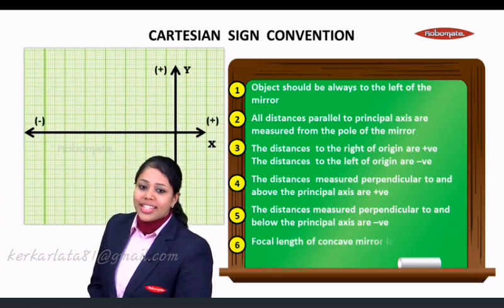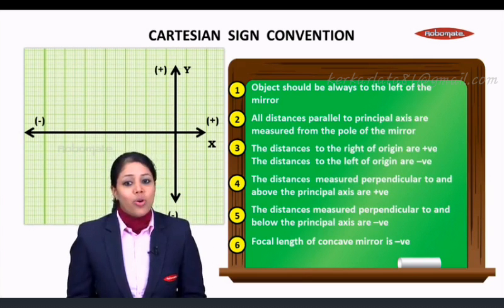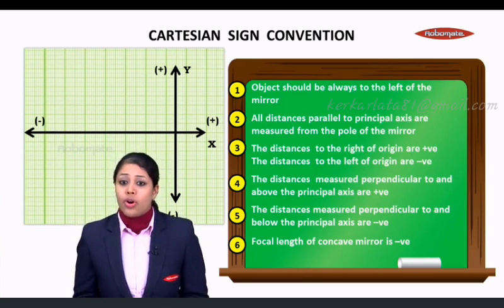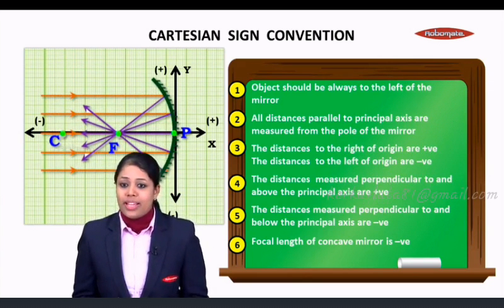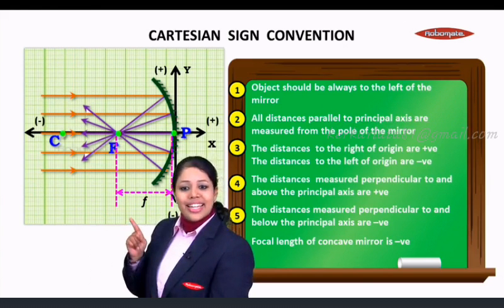The next point says the focal length of a concave mirror is negative. Now let's see why. Here we place the concave mirror. Now students, if this is the concave mirror, then you can clearly see the focus is on the left hand side. When the focus is on the left hand side, the focal length, that is the distance from pole to the focus, is also on the left hand side, so the focal length of a concave mirror is negative.